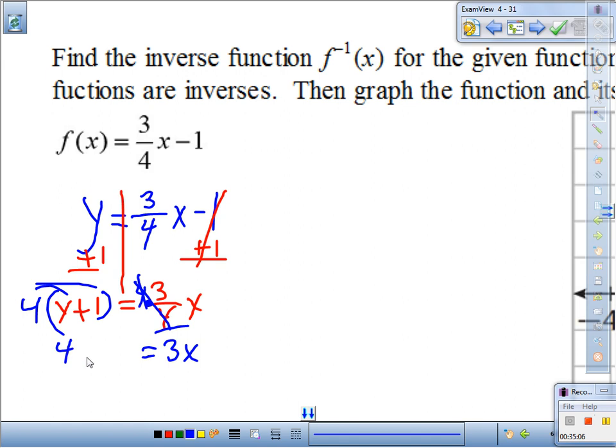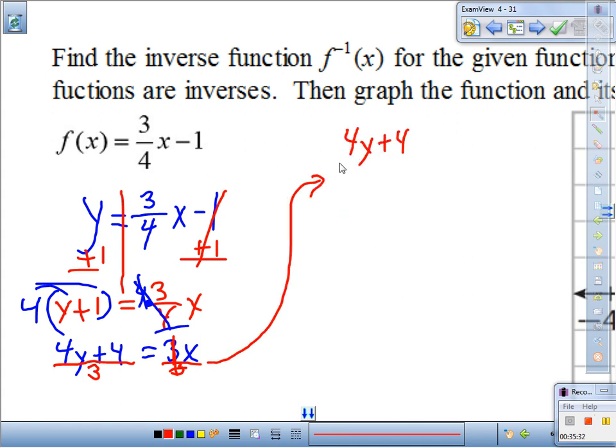What do we have? 4y plus 4. What's my last step? Divide by 3, divide by 3. We end up with, let's write this as a fraction, 4y plus 4 over 3 equals x.